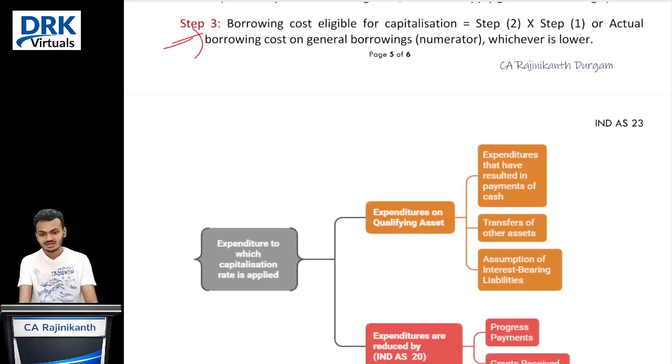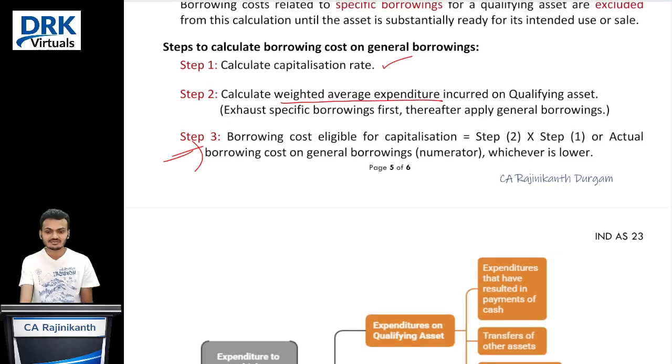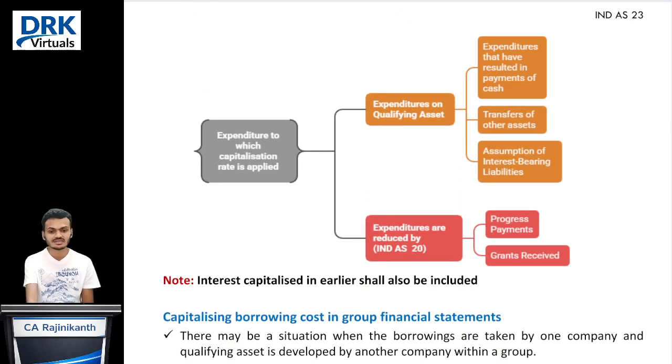Right? Sir, as we discussed, we should apply the capitalization rate on weighted average expenditure incurred on qualifying asset. So what is that expenditure? What are all the costs we can include in that expenses? Standard is saying that expenditure that has resulted in payment of cash payments only.